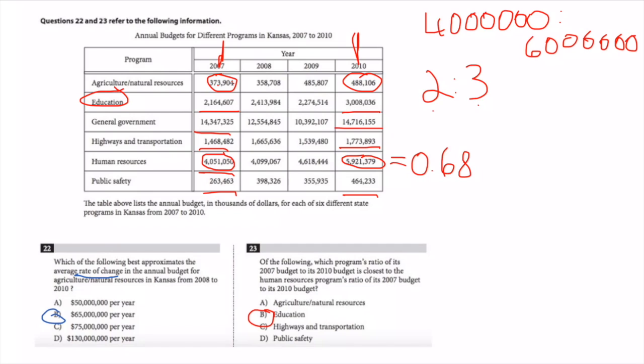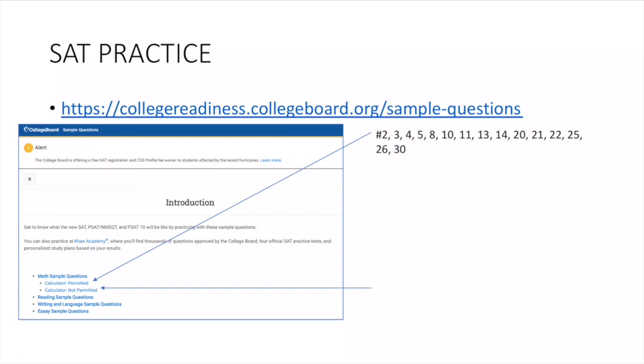Okay, I get 0.71. Which again is very close to 0.68, so I know I'm right. So again, showing you that there are many ways of doing questions. Some of them will just be more time consuming than others.